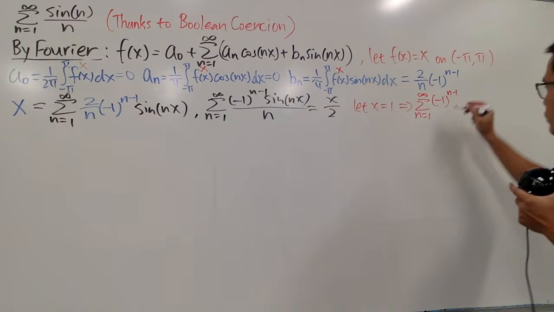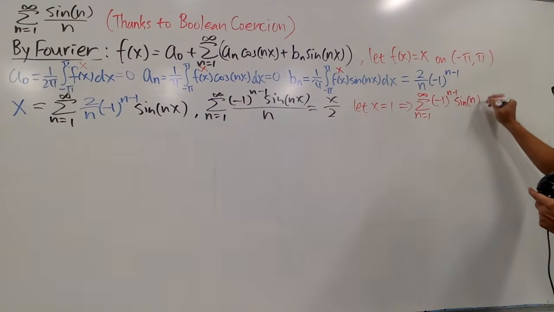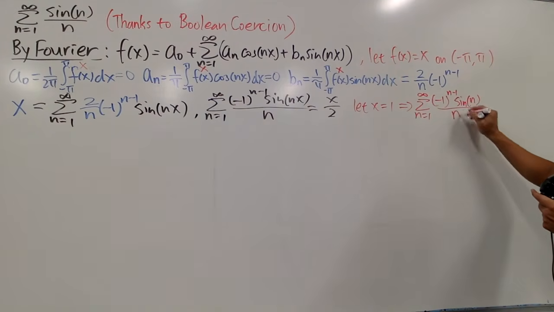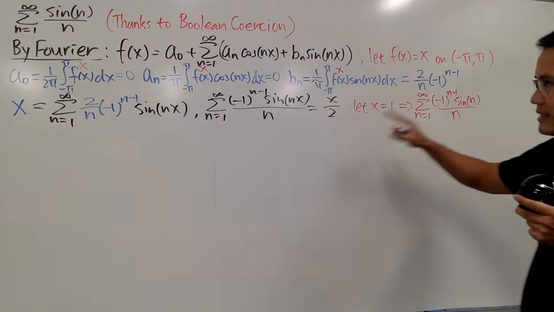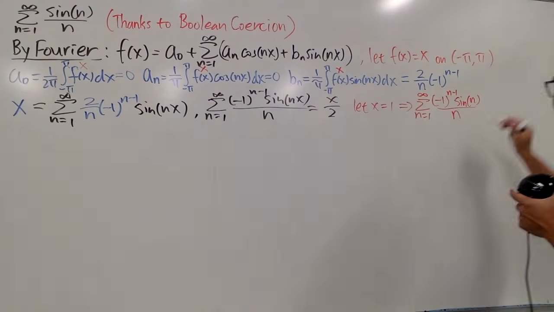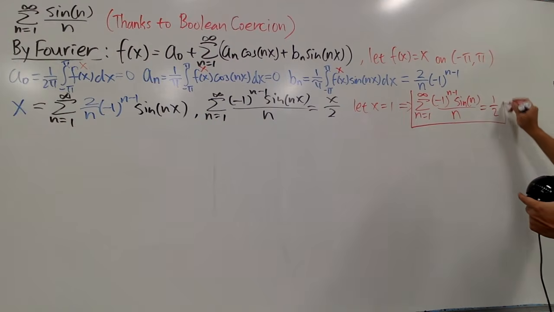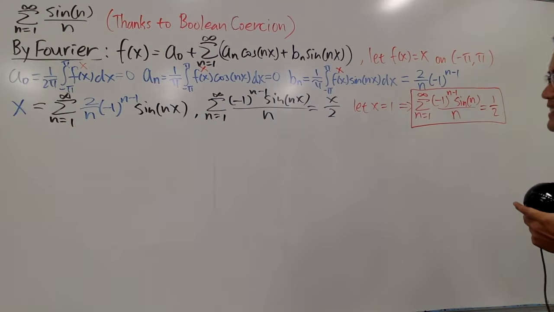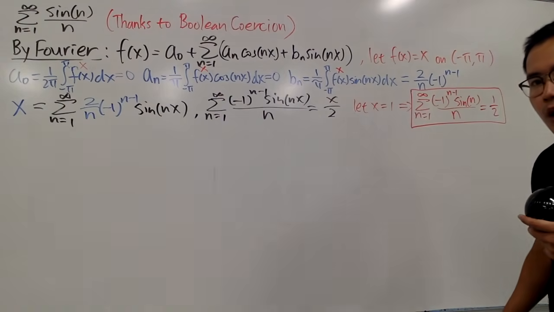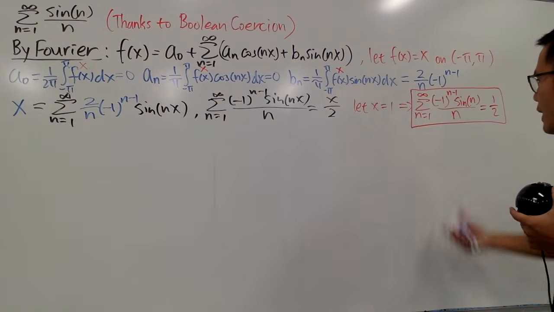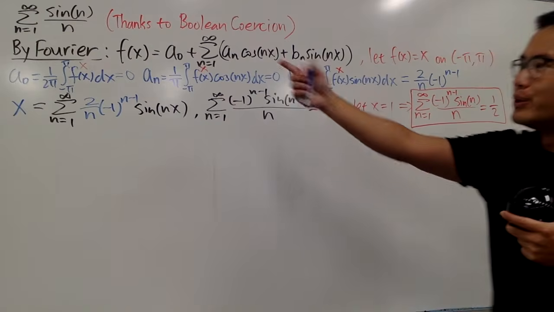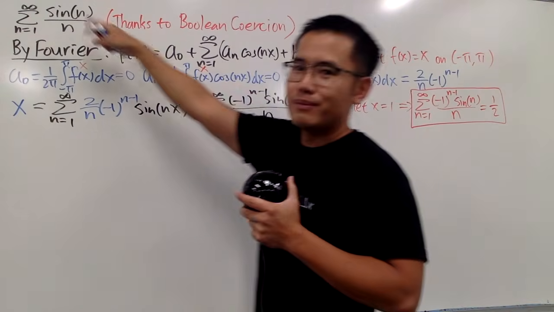Put 1 here, of course, we get sine of just n over n. This series is nicely equal to 1 over 2, namely 1/2. Very, very nice, isn't it? Well, how can we go from the alternating version to the original?